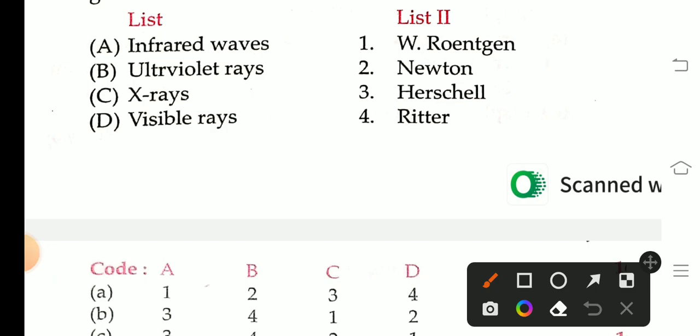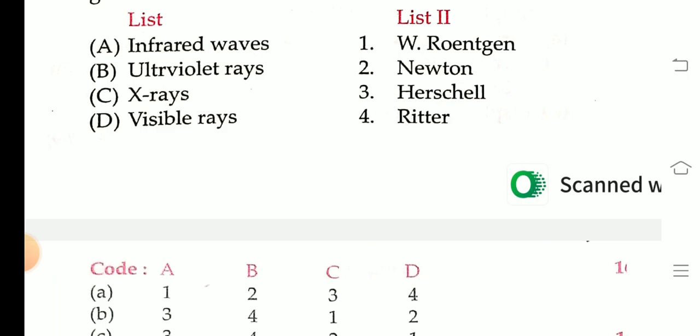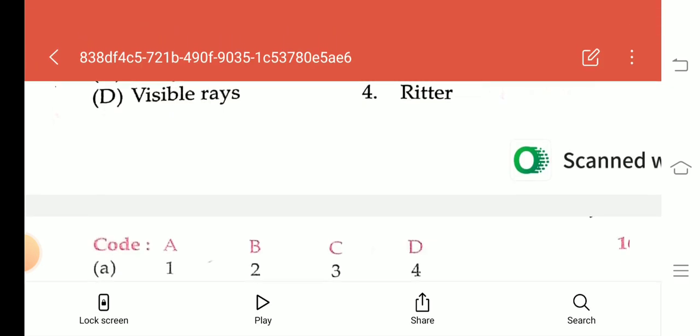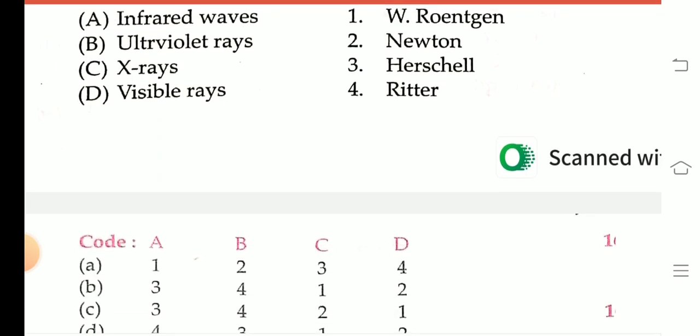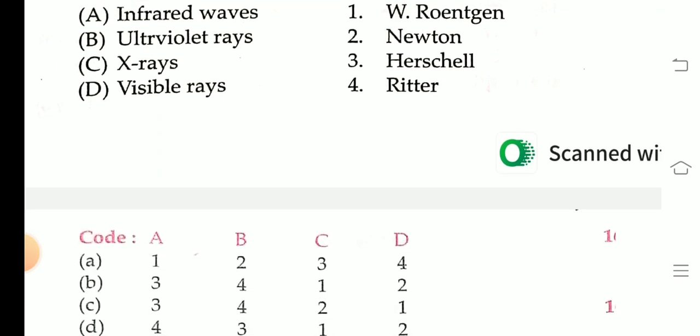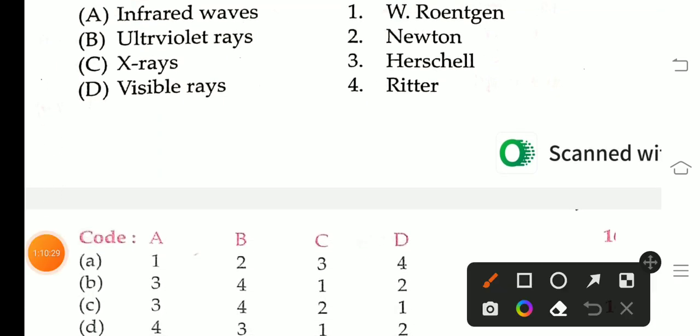Infrared wave, Herschel. Ultraviolet rays, Ritter.